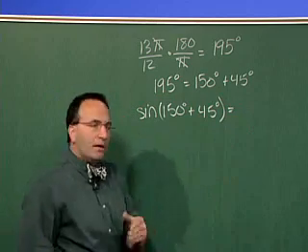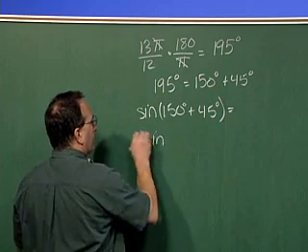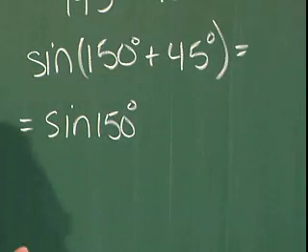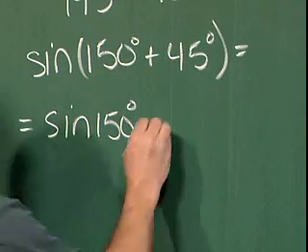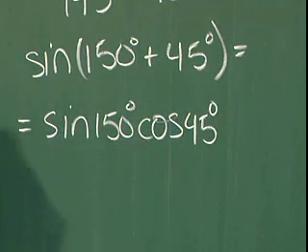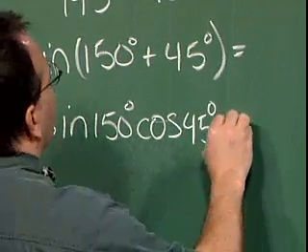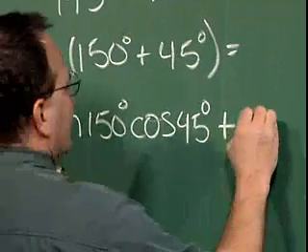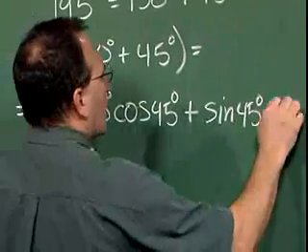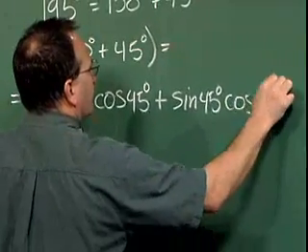And then use the formula that's the sine of 150 degrees times the cosine of 45 degrees plus the sine of 45 degrees times the cosine of 150 degrees.